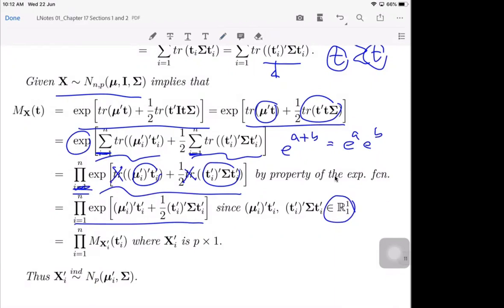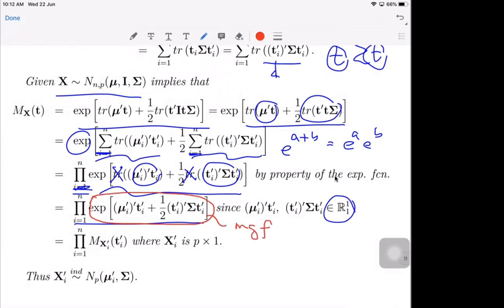But if you look at this, what do you see here? This is a moment generating function of a normal distribution. So this is the moment generating function of what?